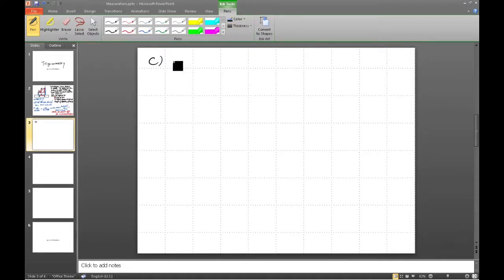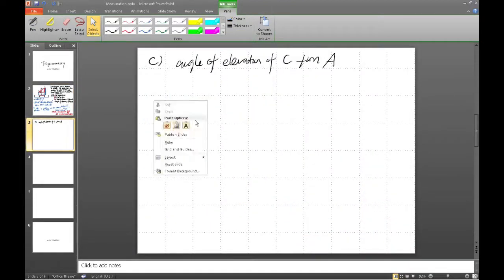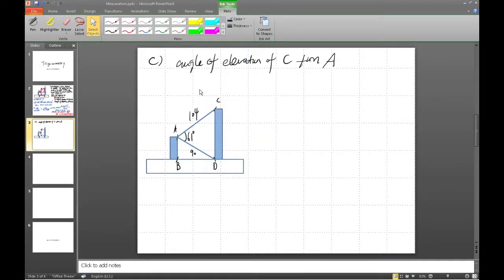So part C, we need to find the angle of elevation of C from A. Let's copy this diagram over so that we don't have to switch back and forth. So over here, you can clearly see that C is actually above A. Therefore, the angle of elevation of C from A is highlighted in the diagram in red.